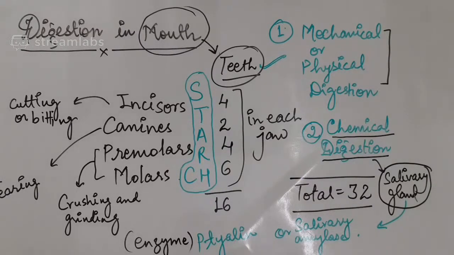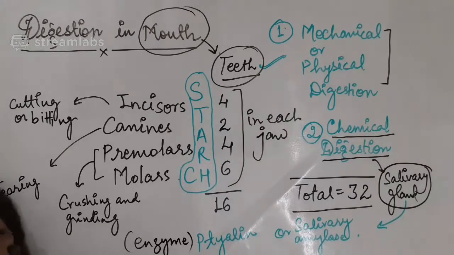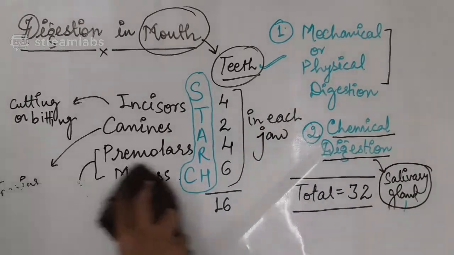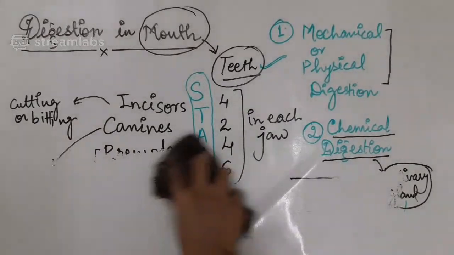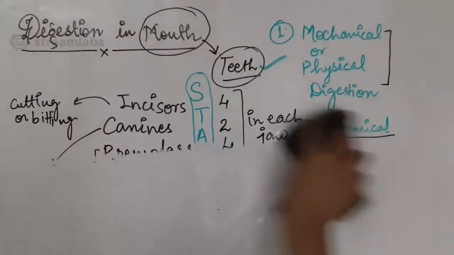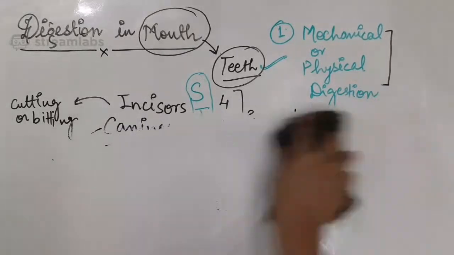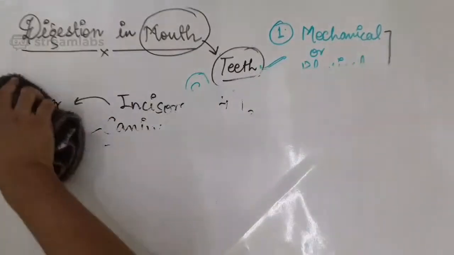Now the food which is converted into bolus. And what is bolus? We have studied in the previous lecture. I am telling you, the first step, that is the digestion in the mouth, occurs in two steps, first mechanical and second chemical.